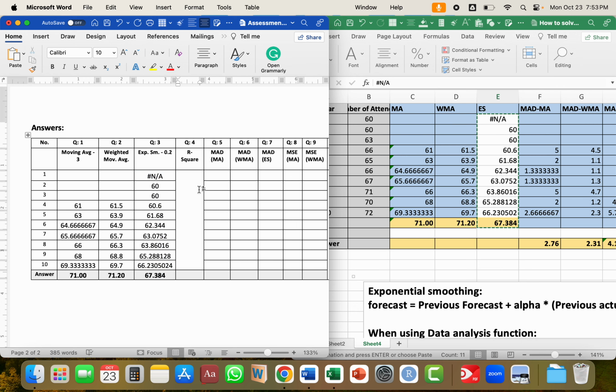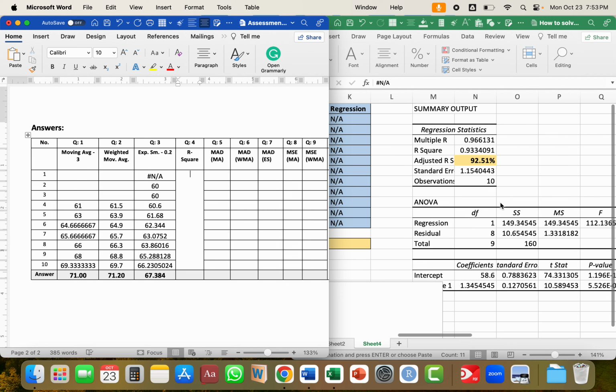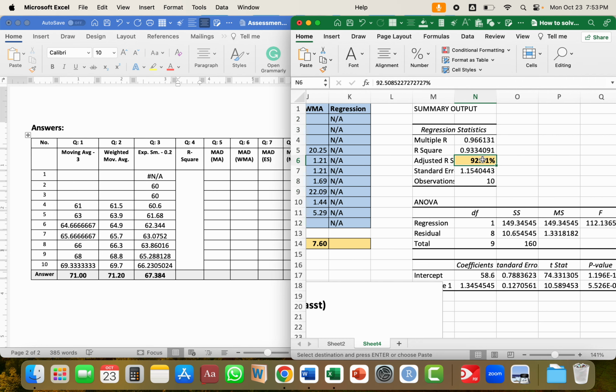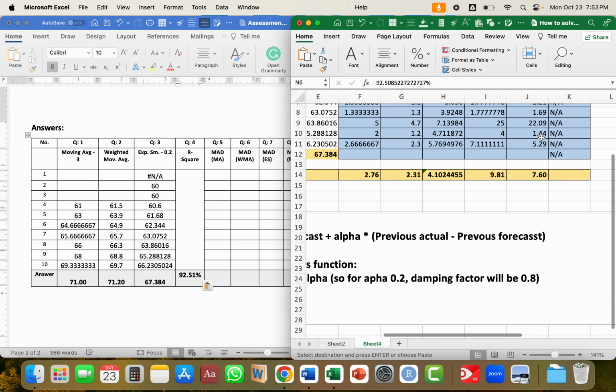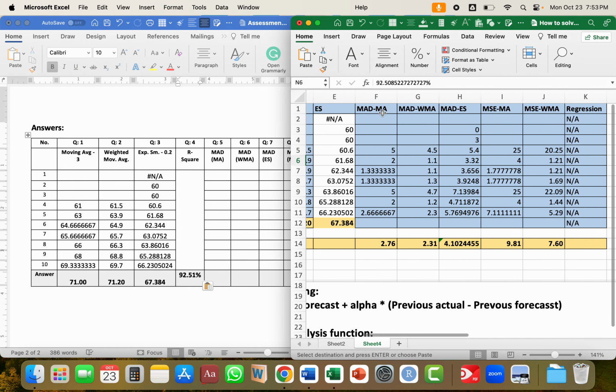Okay, and for r square, we just calculated it here. It was 95.21, and I can paste it here. There's only one value, 92.51. And the next one is MAD for moving average. Now MAD for moving average, again I can copy this one.